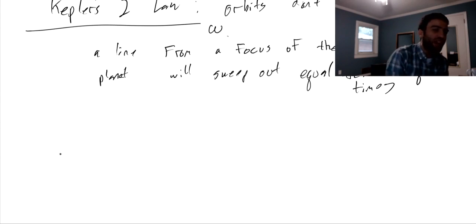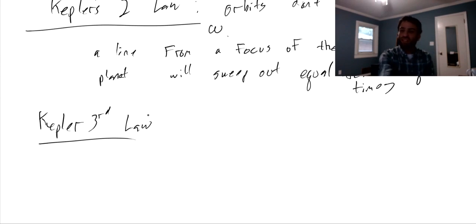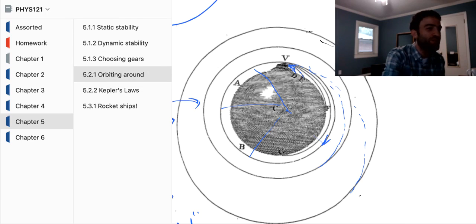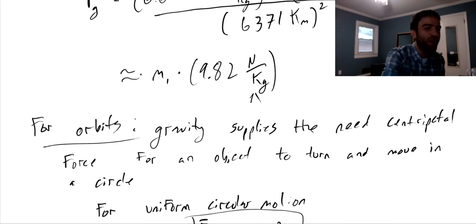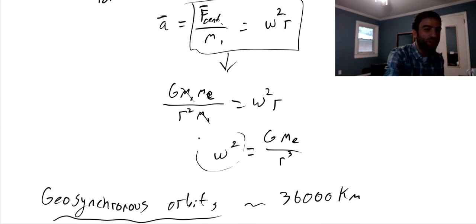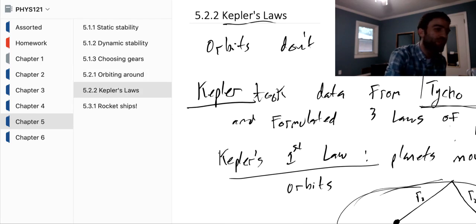All right, and finally, Kepler's third law of planetary motion is a generalization, again, of what we said at the end of 5.2.1 about the orbital period as a function of the distance between an orbiting object and the thing it's orbiting around, right? So remember, we said that the square of the angular speed is related to 1 over the cube of the distance between the objects.